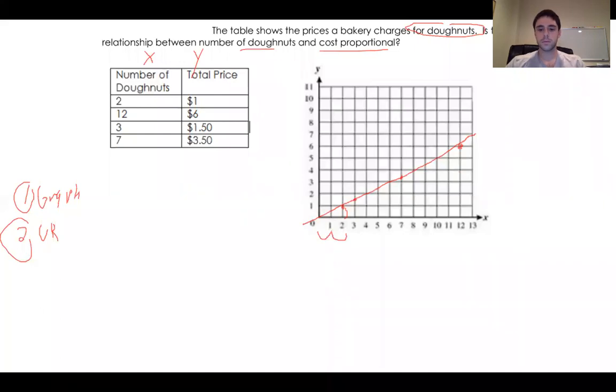All right, so let's find our unit rates as well. Our line is relatively straight from what I've drawn, and it goes through the origin, but let's verify that and make sure I didn't just do a bad job drawing. What is my unit rate for the first entry?